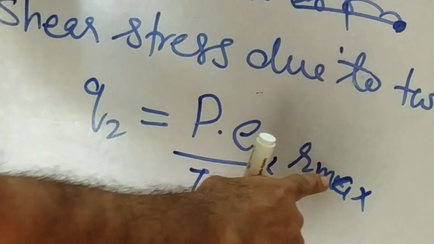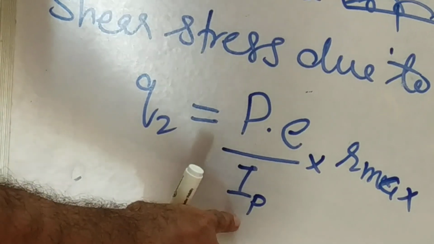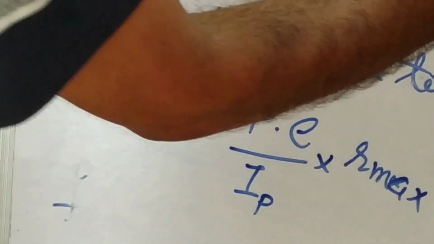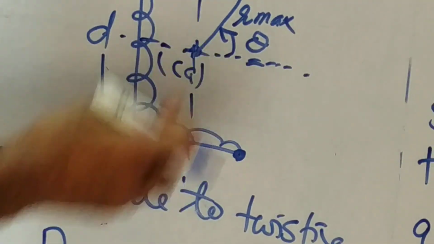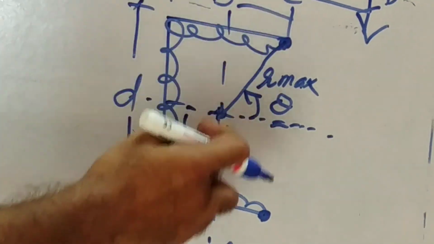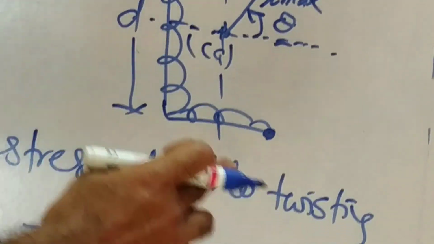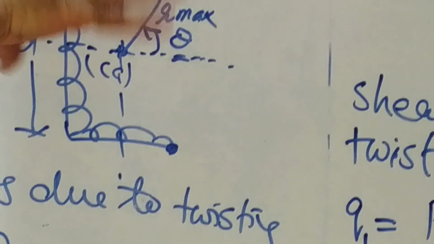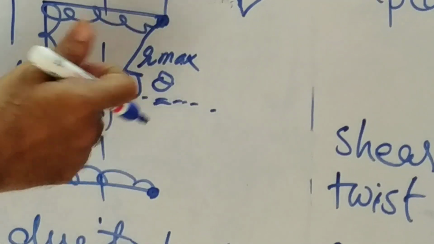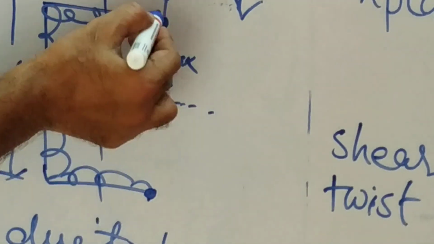R max is this, IP is the polar moment of inertia, P is the load applied here, and E is the eccentricity up to the centroid of the weld. So now I know Q1 is the direct stress, Q2 is the twisting stress due to the twist. So these extreme points get very critical.